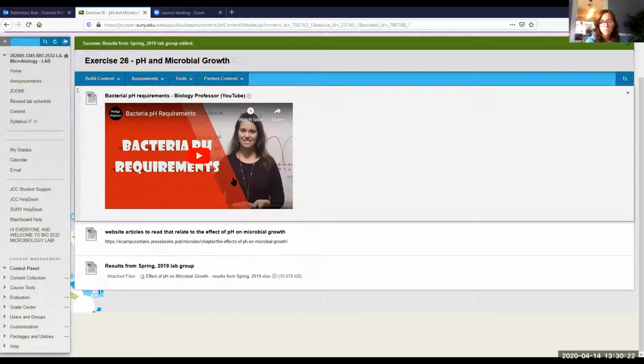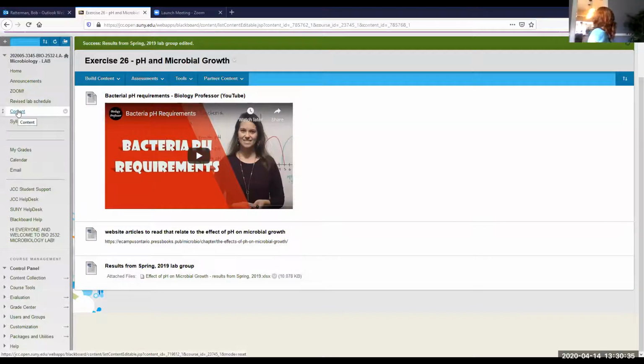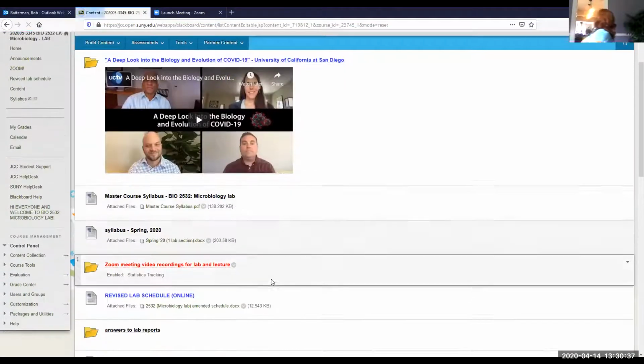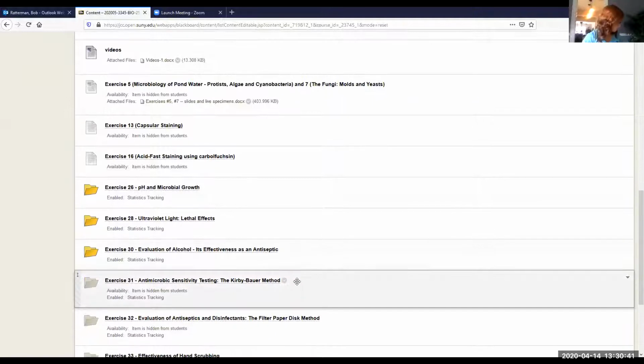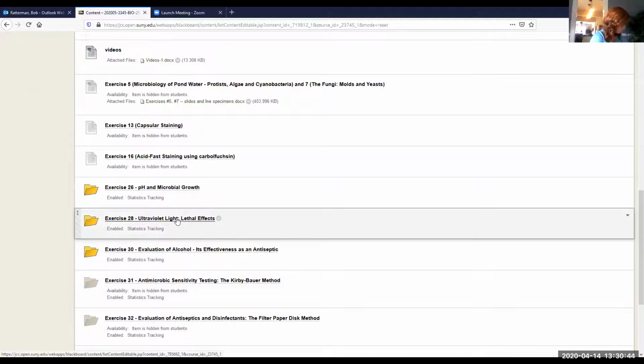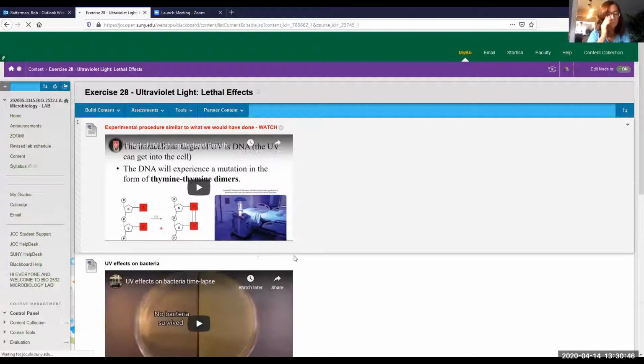So that's what I put together for exercise 26. For exercise 28, let me go back to the content page. Did it pop back to that for you guys? Yes. Okay, thanks. Here's 28, UV light lethal effects.